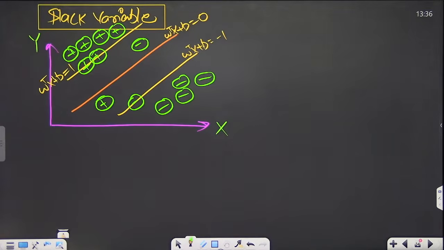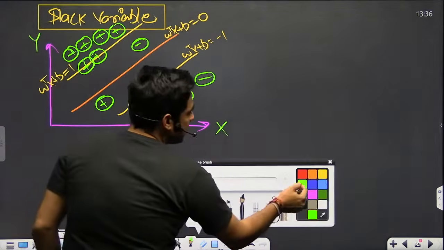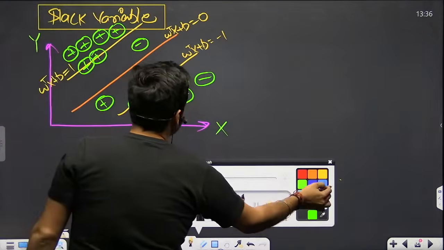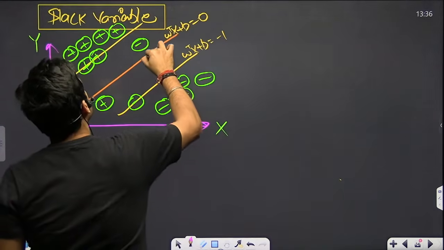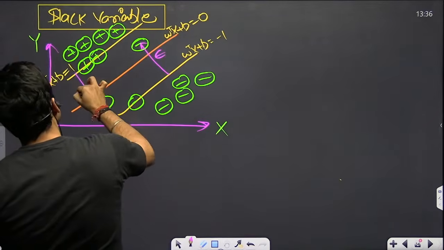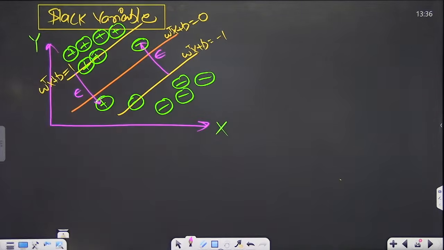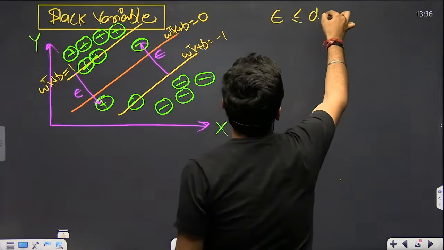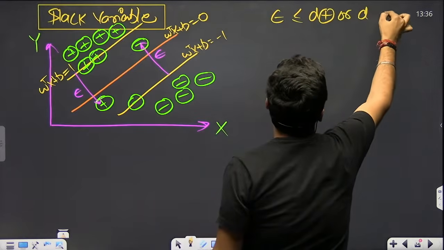Now I would introduce a slack variable here. अब मैं एक slack variable को introduce करता हूं. The name of the slack variable is epsilon. So I can say that epsilon is less than or equal to d plus or d minus.